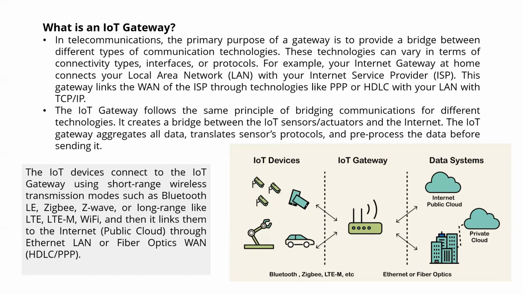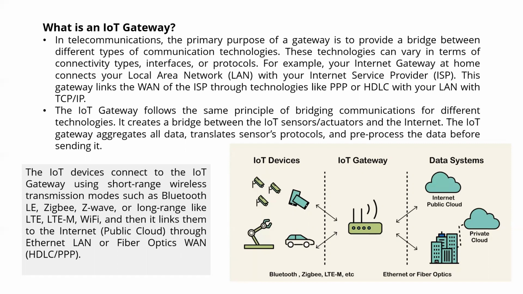It provides a bridge between different types of technology. Devices follow one technology, and data systems follow a different technology. To connect these two different things together, you need something in between to bridge this gap, and that component is called a gateway.